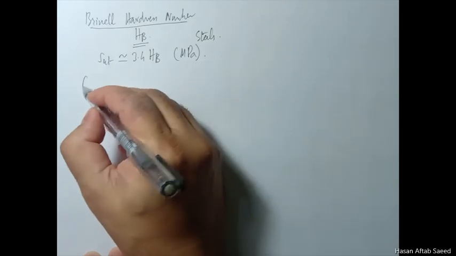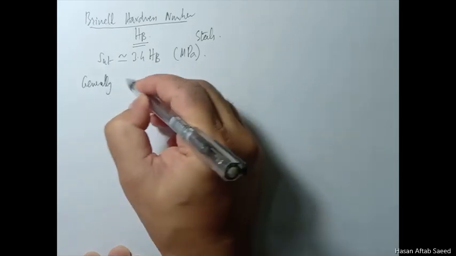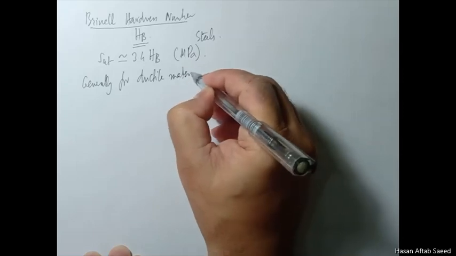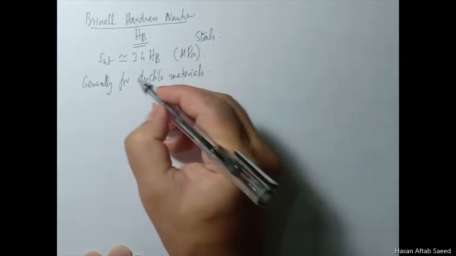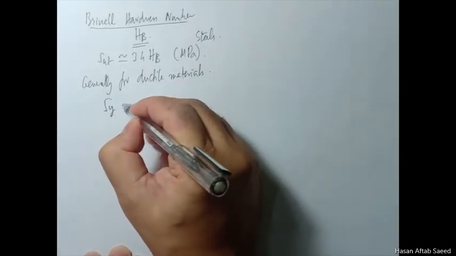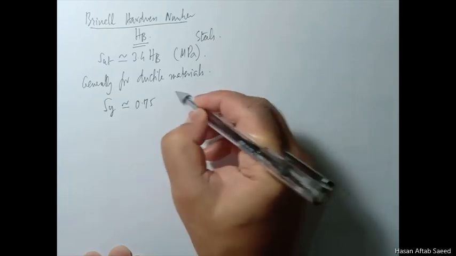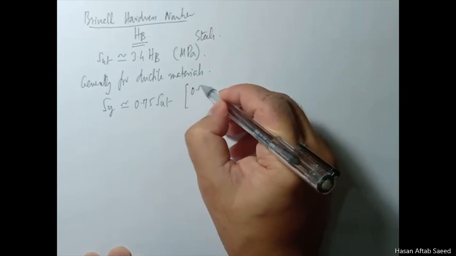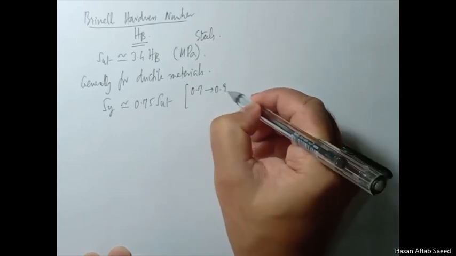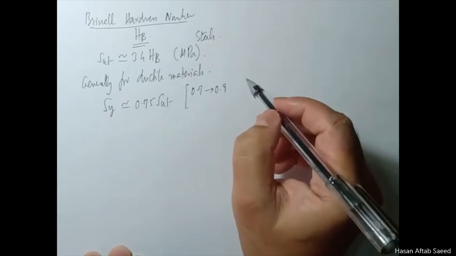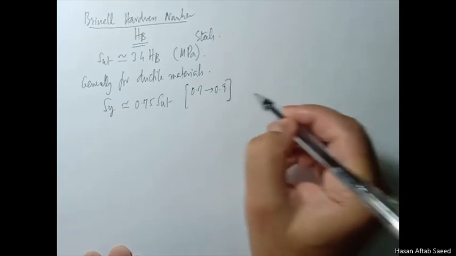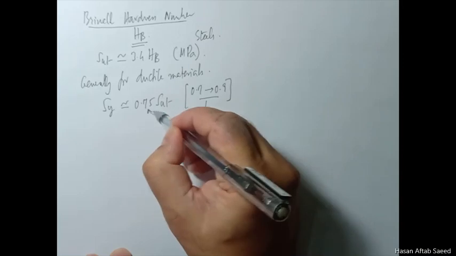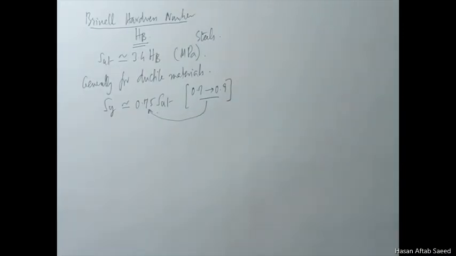And generally, for ductile material, again it's a loose term, but for ductile materials, the yield strength is roughly equal to 0.75 of the SUT. Actually, it's 0.7 to 0.9, but to be on the safer side, we can use this one without much error.